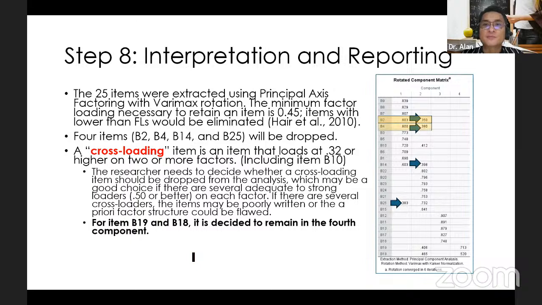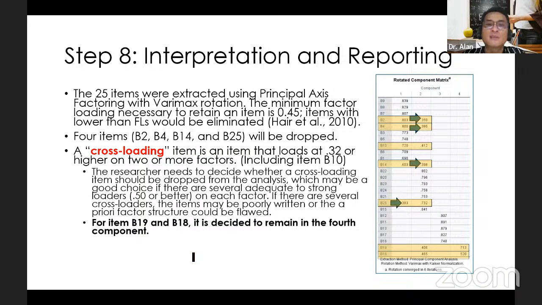See on this one, item B2, item B4, item B10, item B14, item B25, and B19 and B18. We call these cross-loading items, because they have higher loading factors on 2 or more factors.